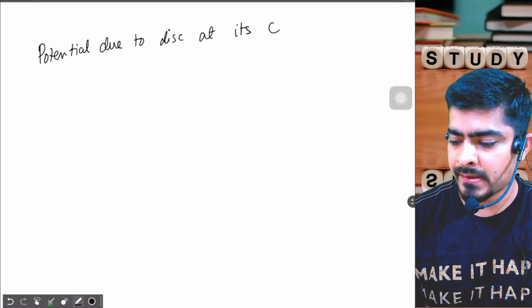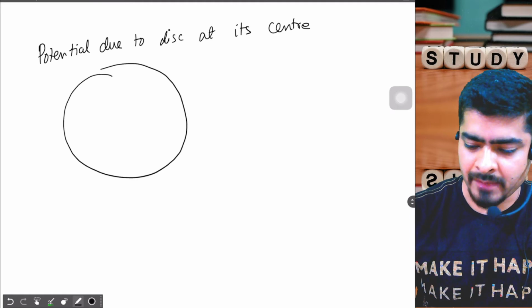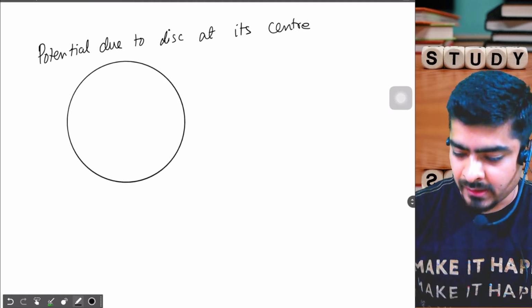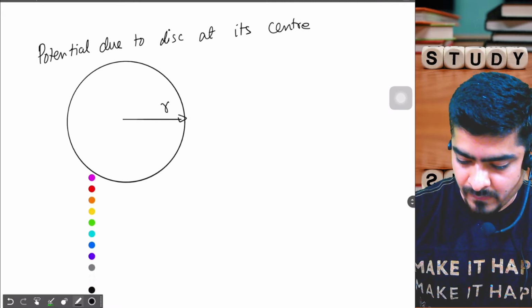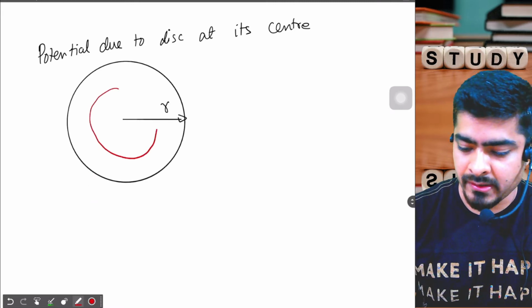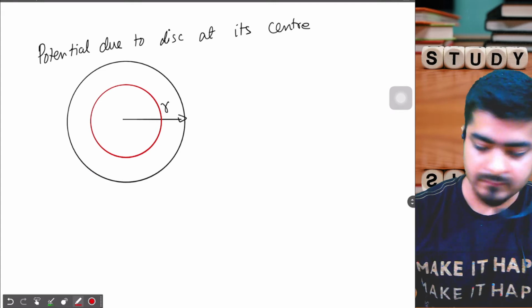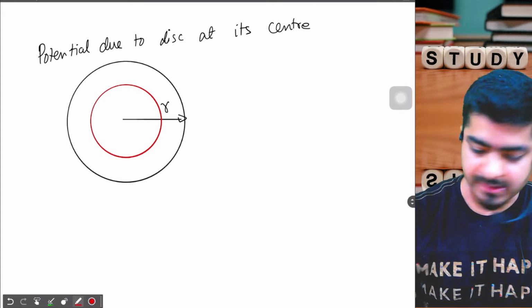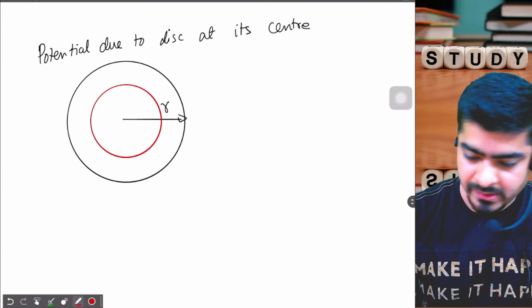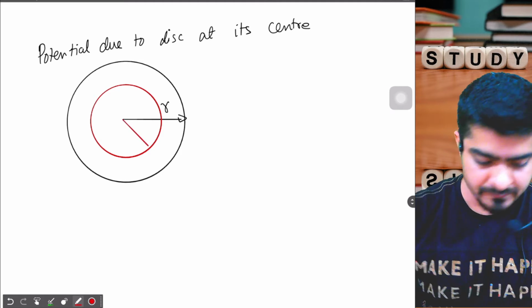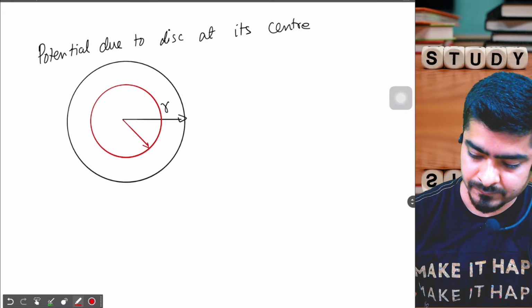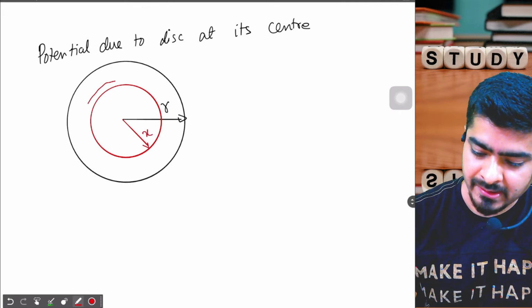So I have a disk. I'm taking a general example first. The disk has total radius small r, and I take a ring element. I'm taking a thin ring on the disk, whose radius is, let's say, x, and its thickness will be what?